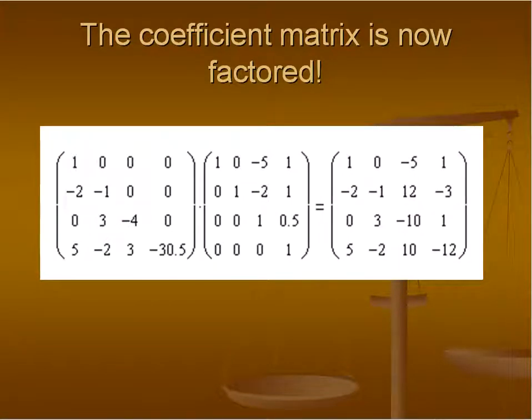The coefficient matrix is factored, and this, again, is an excellent time to check it on MathCAD. Multiply what you have for matrix L times what you have for matrix U, and make sure that you get the coefficient matrix, okay? Because then you know so far all of your work is correct.